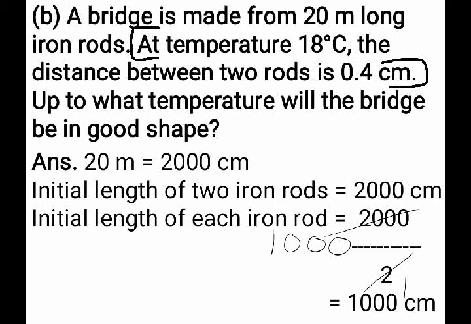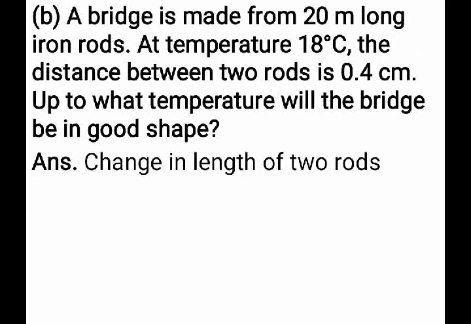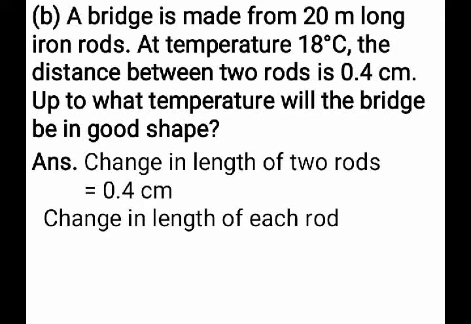First we will find the change in length of one rod. Change in length of two rods is given, 0.4 centimeter. So the statement you have to write: change in length of two rods is equal to 0.4 centimeter. Change in length of each rod is equal to 0.4 upon 2.